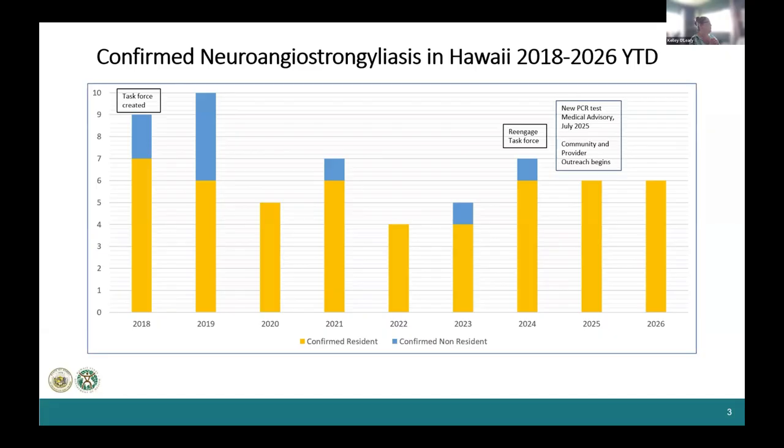But we definitely direct folks to, if you want to get confirmed and know what it truly is, because we re-engaged the task force in 2024, and then this new sensitive test came out in 25, and actually Hawaii is the only one that has that new sensitive test, and CDC doesn't even test anymore because they know that we have the better test. So we brought that on board, and then that helped launch this provider toolkit that we have been passing out to all of our providers.